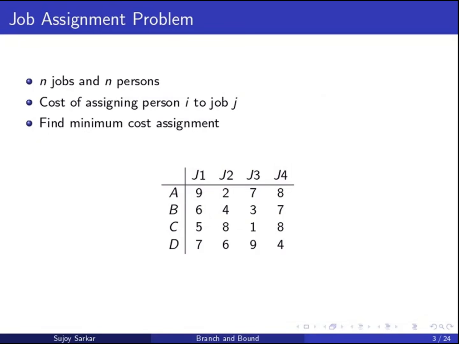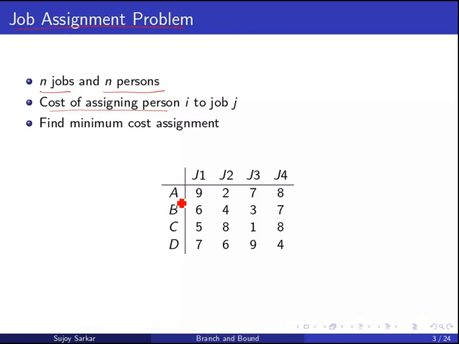So the first problem that we will look into is the job assignment problem. It's a simple problem where there are n jobs that we have to assign to n persons, and each assignment will cost some amount.